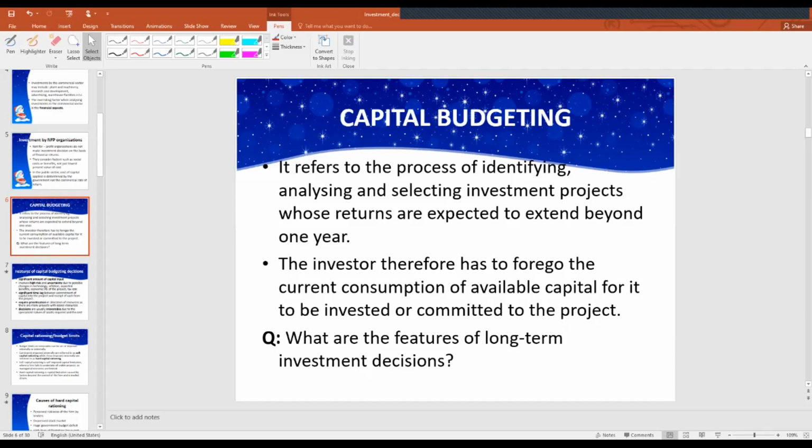Should we purchase a new machine? Should we replace the current machine? Currently we are renting our office block; should we construct our own offices as a company?